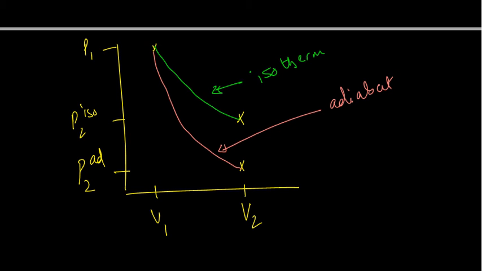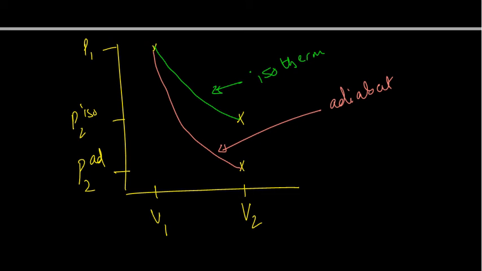So now, the final volume is V2, right? And the final pressure that you have said is less than this, right? And definitely it's more than this because there is a drop in temperature.